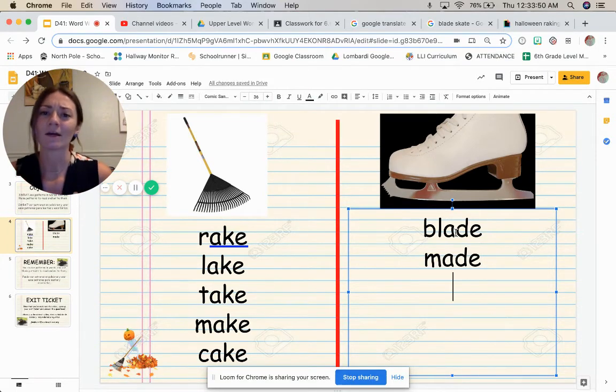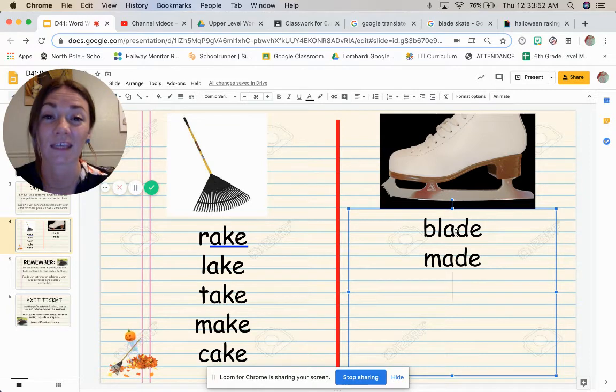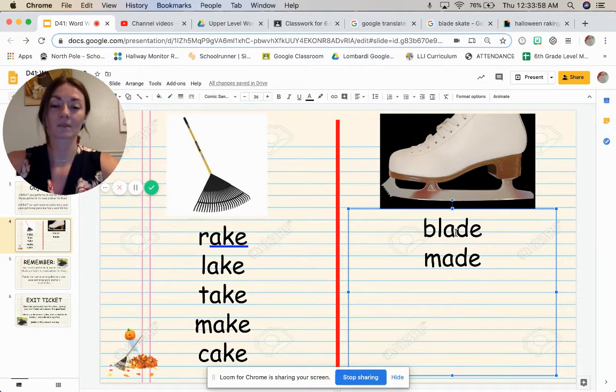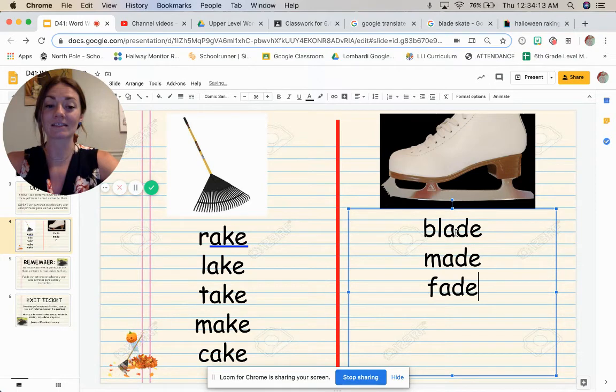Can someone help me spell the word fade? Fade. Good. Our first sound is the f that the F makes. Aid. Just like blade and made, this one rhymes, and it's going to be spelled the same too. A-D-E at the end.